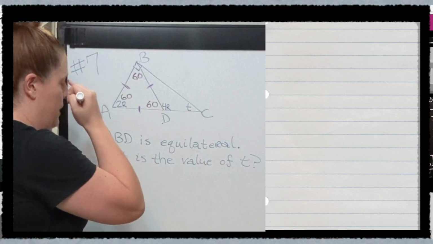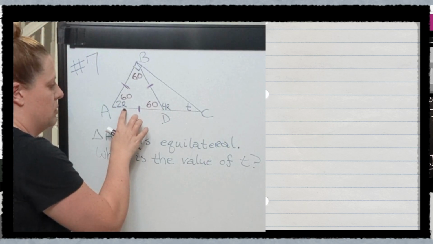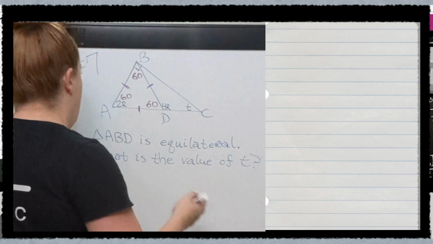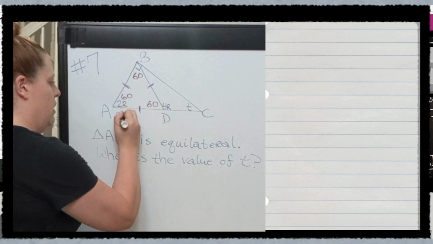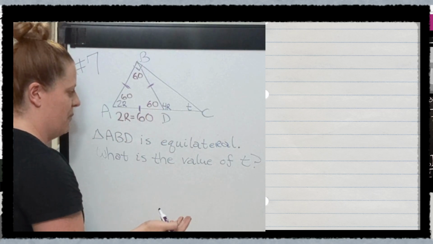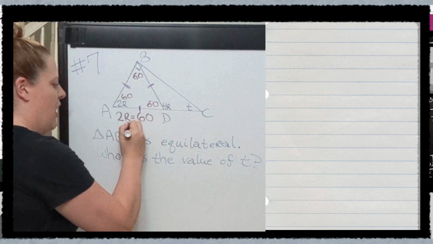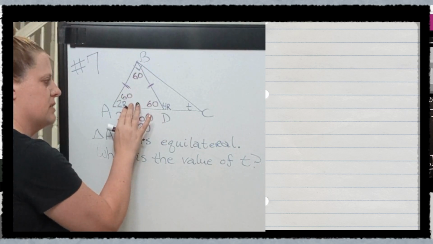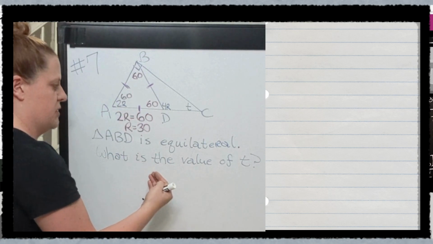Okay. Now we can figure out what r is equal to. Seems like that could help us out in the long run, right? So 2r is equal to 60. If we divide both sides by 2, r is equal to 30. Okay, it's still 60 degrees, but the value of r itself is 30.